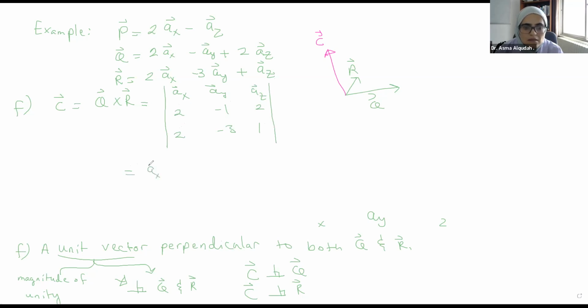So it's A sub X (-1 plus 6) minus A sub Y (2 minus 4) plus A sub Z (-6 plus 2). So it's equal to 5 A sub X plus 2 A sub Y minus 4 A sub Z.